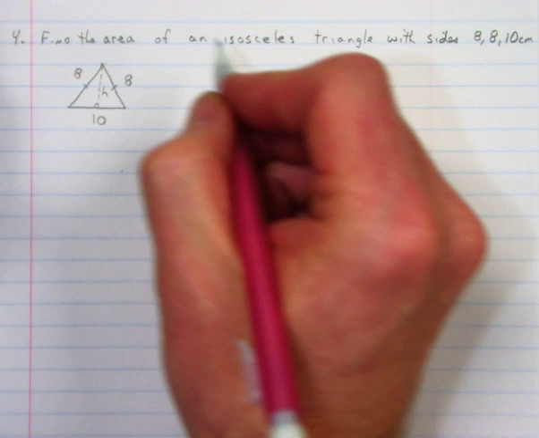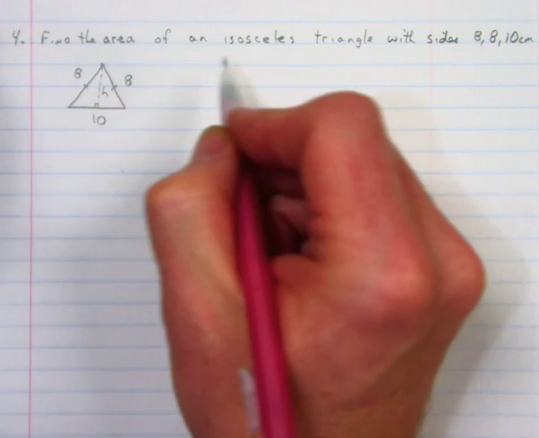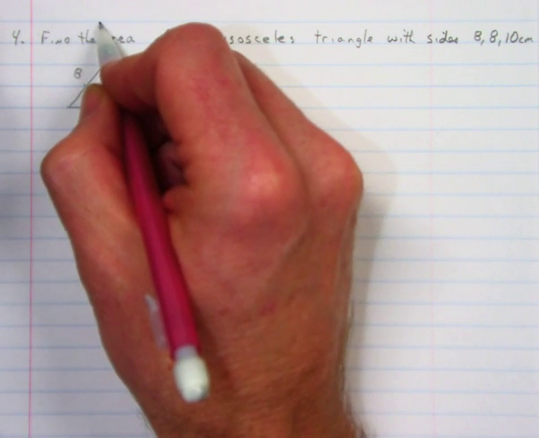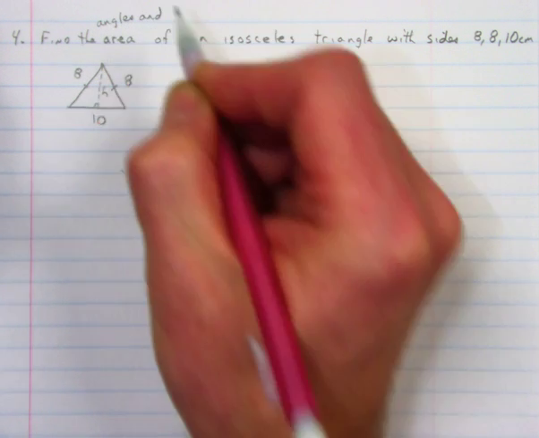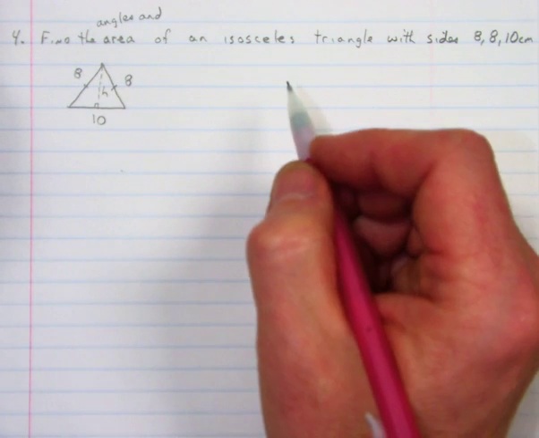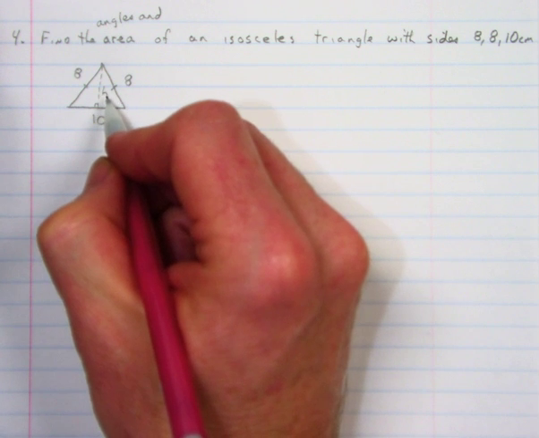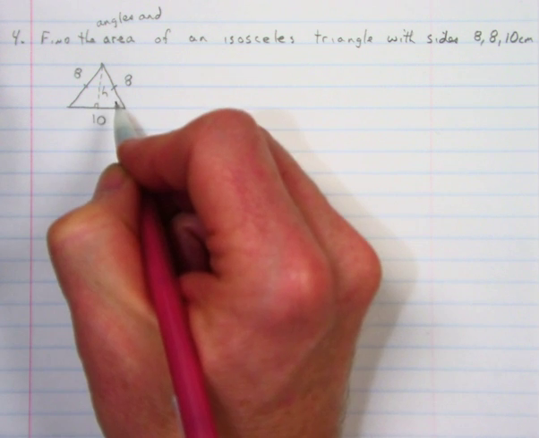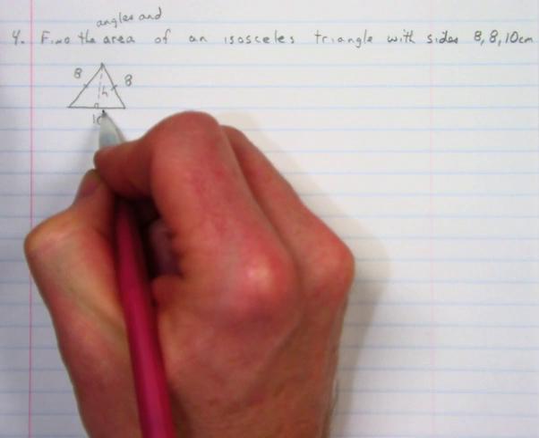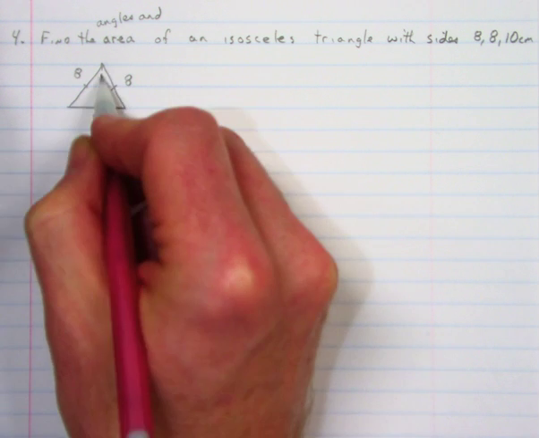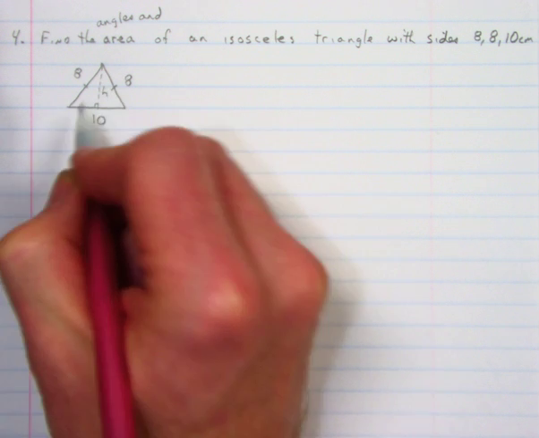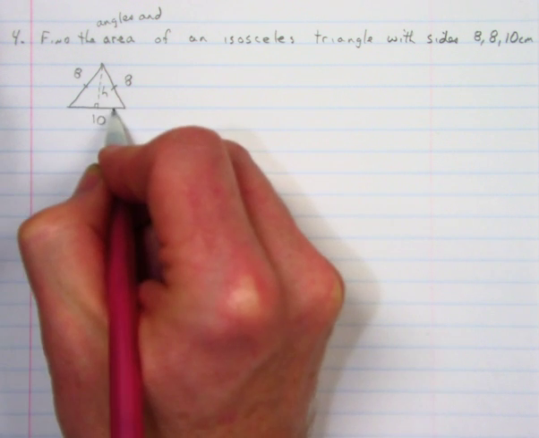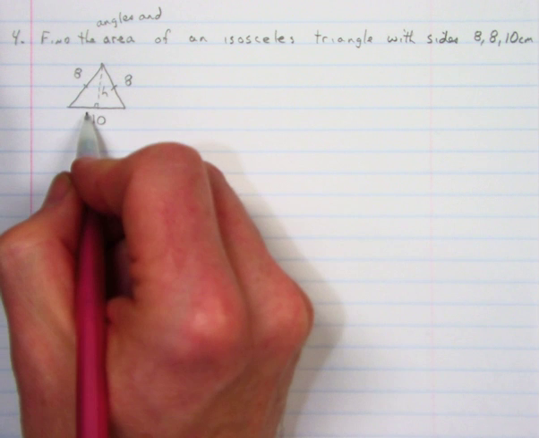Oh, there's one other part of this problem that I forgot to write. Find the area, or find the angles and the area. Okay, I want to also find those angles. So what can I do here? When I drop the altitude down, remember that this is an altitude, it's a height. Can I prove what happens to this bottom side? Yes, we can.